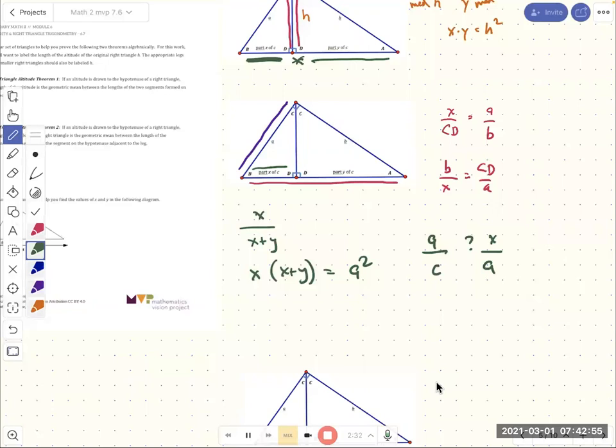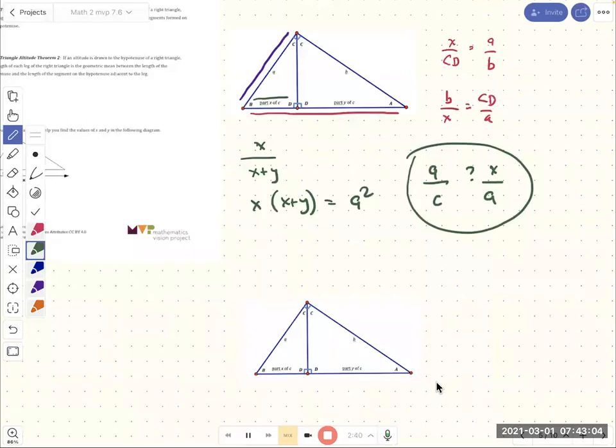So if we could get that to be true, can we get this to be true? Let's see what that is. We might have to do something else in between.